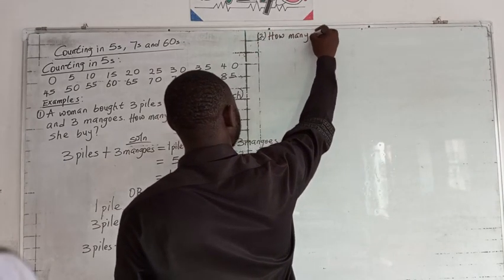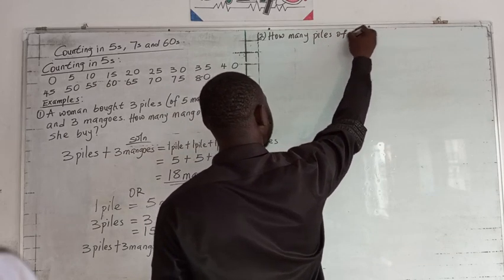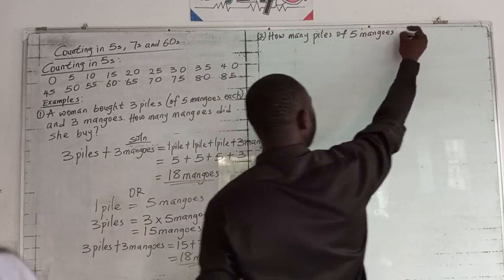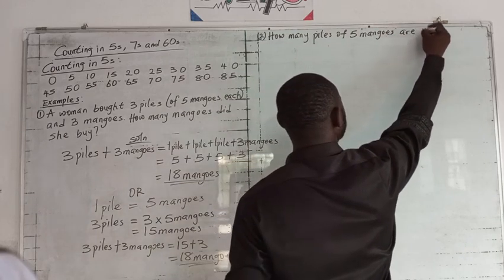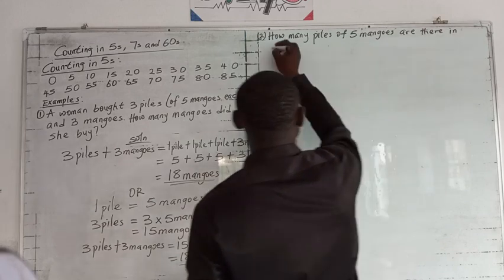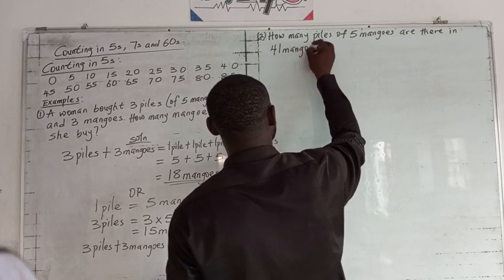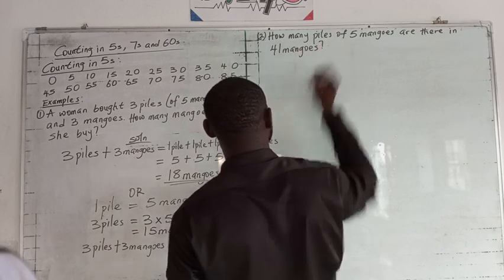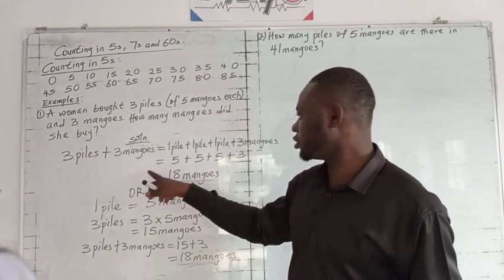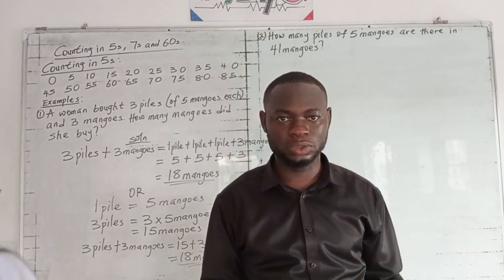Now, if you watch, you see that the previous question gave us the number of piles and asked us to find the number of mangoes.